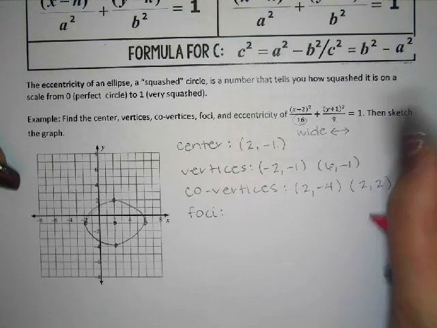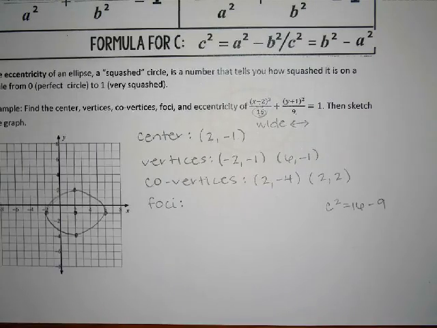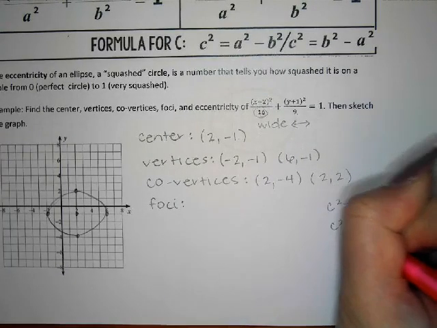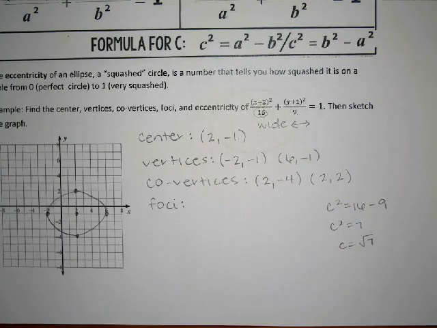Okay, so c squared is 16 minus 9. 16 minus 9 is 7. And so c is the square root of 7. And then I just remember that the focus or the foci is going to be along the same line as the vertices, not the co-vertices.